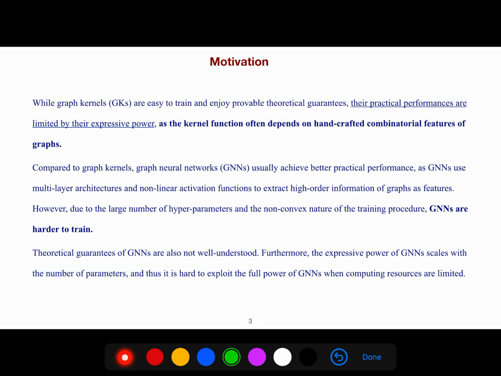Compared to graph kernels, graph neural networks usually achieve better practical performance as GNNs use multi-layer architectures and nonlinear activation functions to extract high-order information of graphs as features. However, due to a large number of hyperparameters and the non-convex nature of the training procedure, GNNs are harder to train.